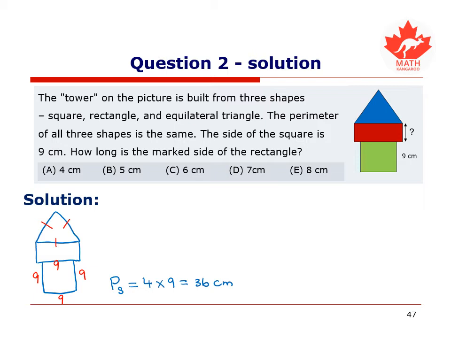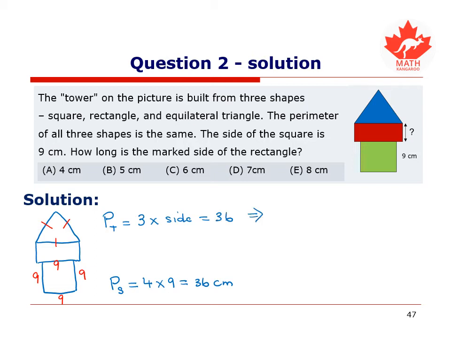The perimeter of our triangle would be equal to 3 times the length of each side. And that must be equal to the perimeter of the square, which is 36.